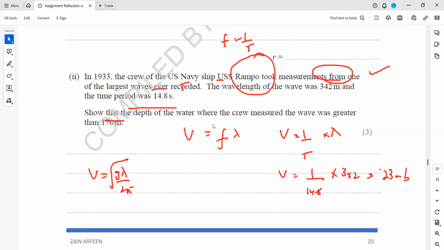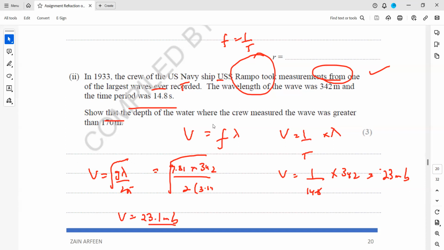Using this formula, if we work out the speed, this is 9.81, the wavelength is 342, and 2 and pi is 3.14. So what will we get? We'll get again 23.1 meters per second.